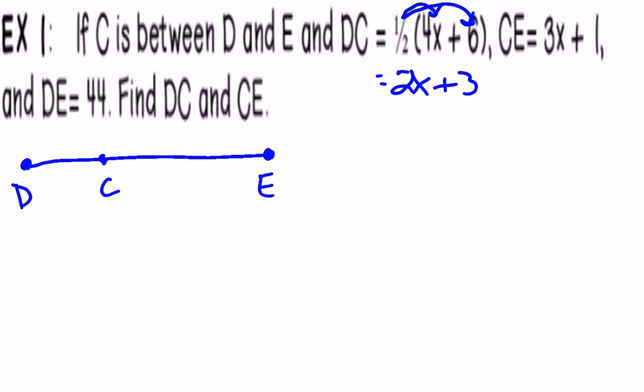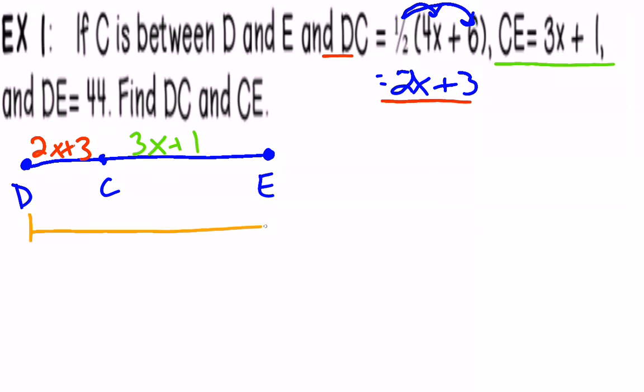So now what I'm going to do is label that on my diagram. DC is 2x plus 3. And CE is 3x plus 1. And last, DE is a total of 44.